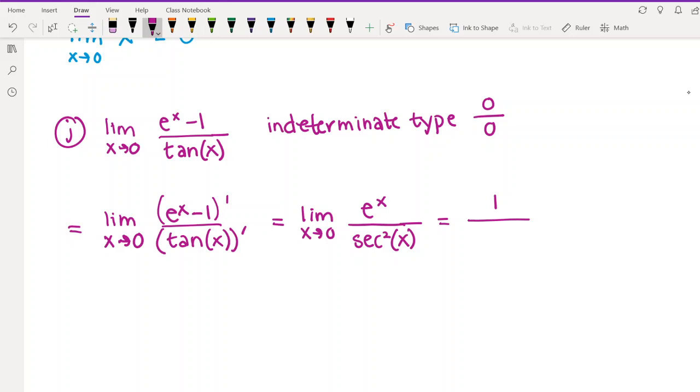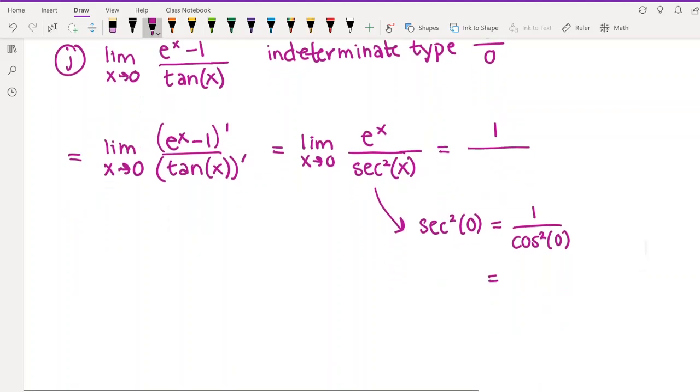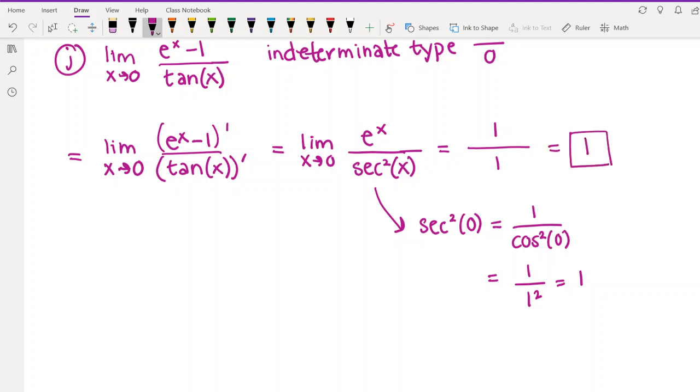Secant squared of 0 is the same thing as 1 over cosine squared of 0. And what is cosine of 0? Cosine of 0 is 1, and so that gives us 1 over 1 squared, which is just 1. And so we get 1 over 1, and so the answer for this limit is 1.